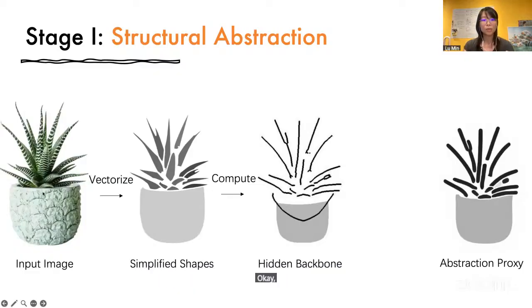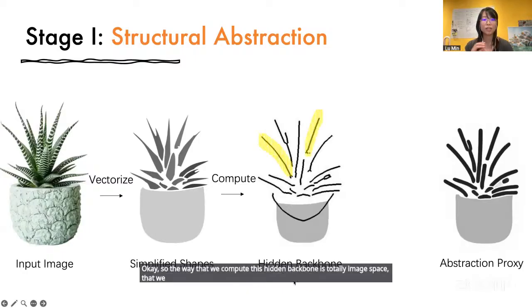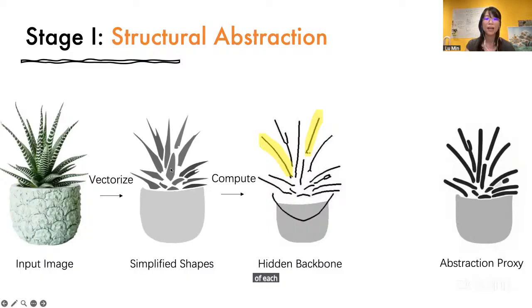Okay, so the way that we compute this hidden backbone is totally in image space. We calculate the median axis of each shape. For the long shapes, we have these thicker lines here.